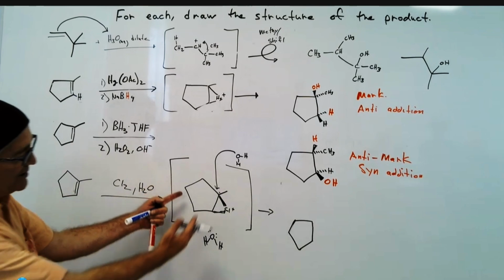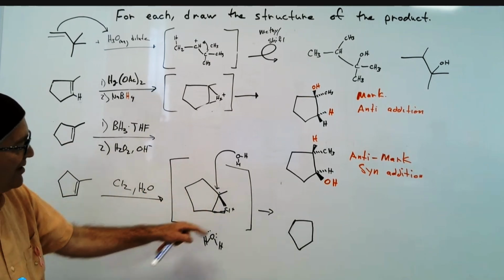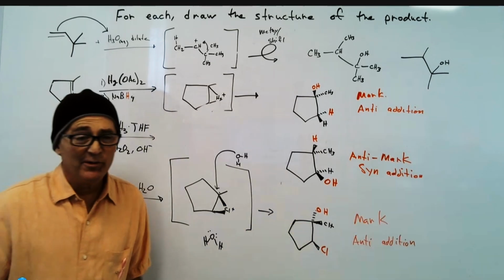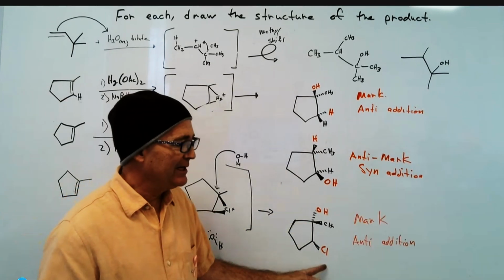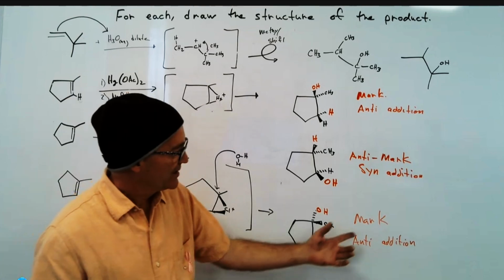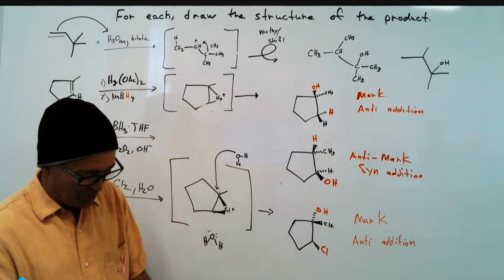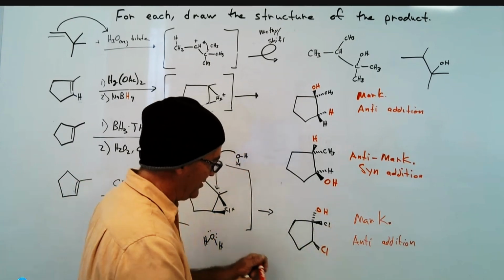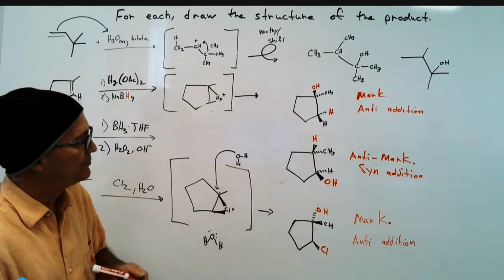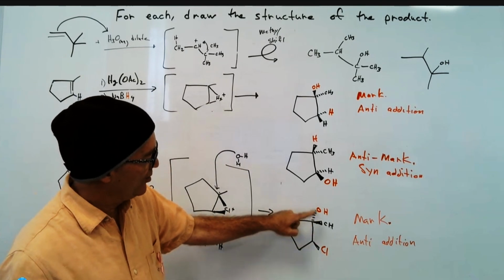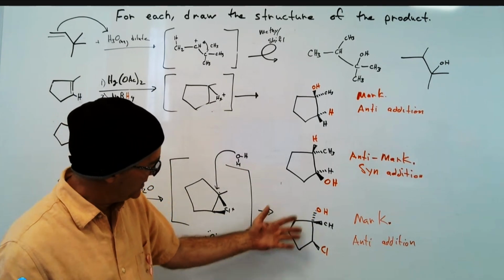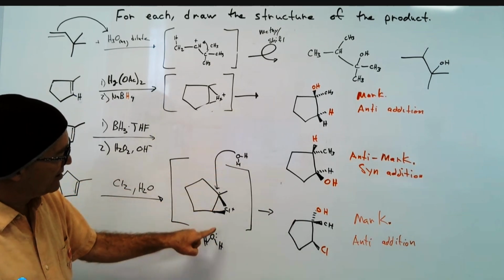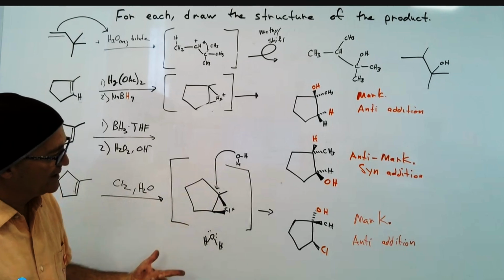You know, this ring is kind of straining things a little bit, and I'm going to go ahead and color code. So if we imagine a chlorine to be like a hydrogen, we can say it's Markovnikov regioselectivity, and we say it's an anti-addition stereochemistry. Chlorine and the OH are on opposite sides of the ring, and so this OH wants to hit this carbon, rather than that carbon, due to the transition state.